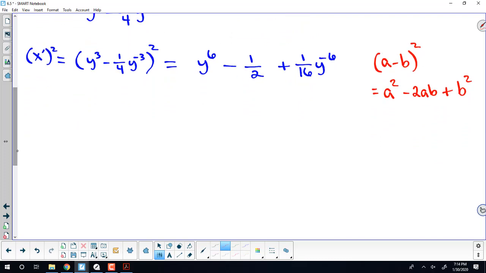Then we need to add 1. So when we add 1 to this, we just get y to the 6th plus a half plus 1/16 y to the negative 6. So the derivative squared plus 1, we have to put that under the radical.